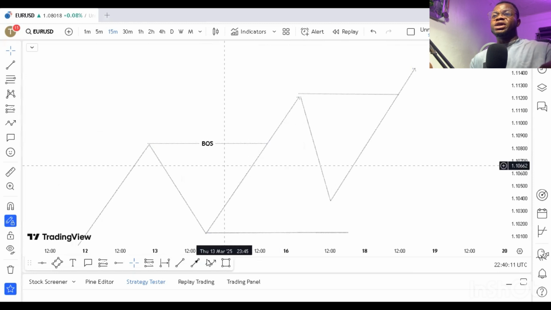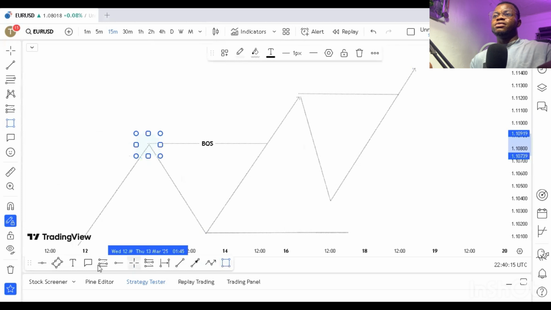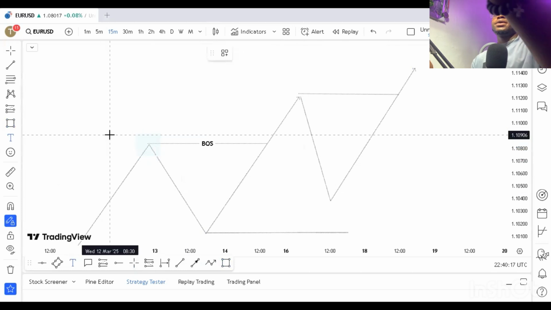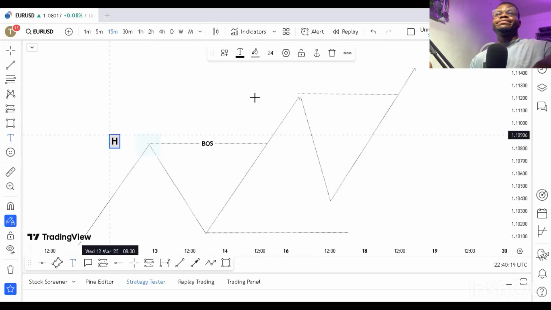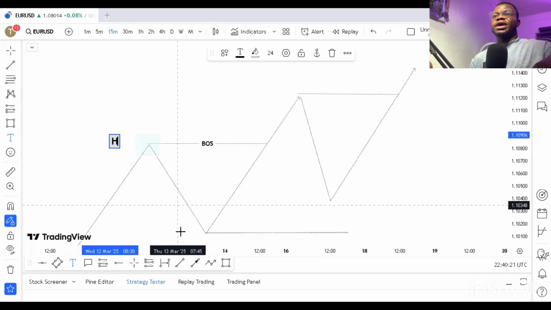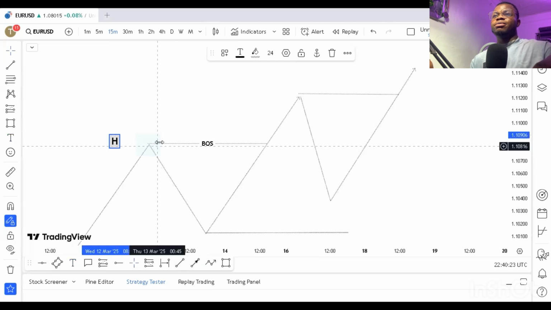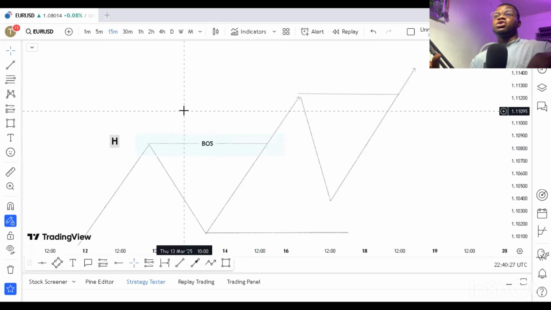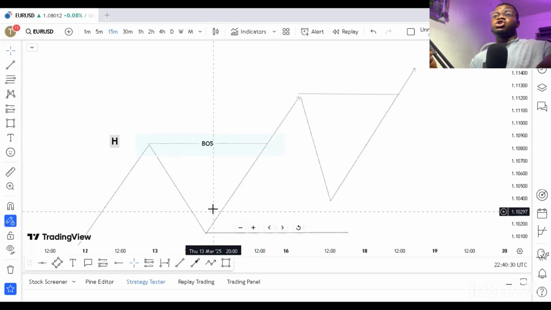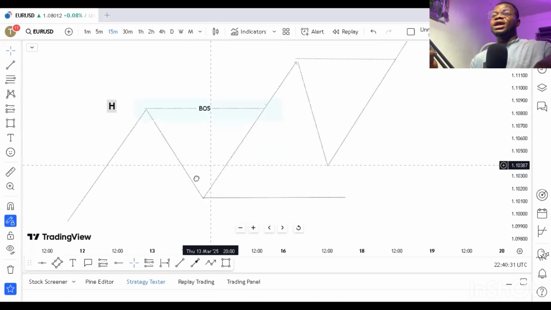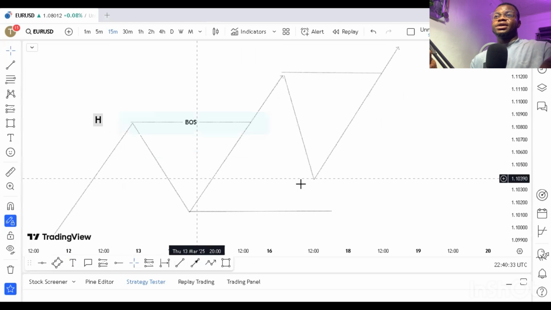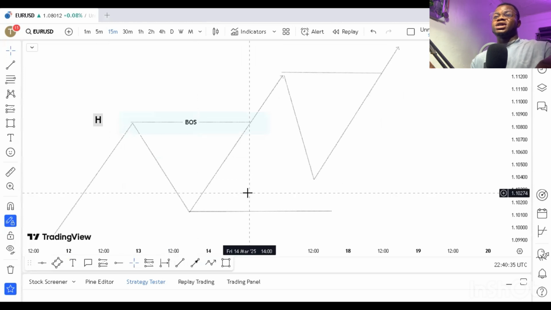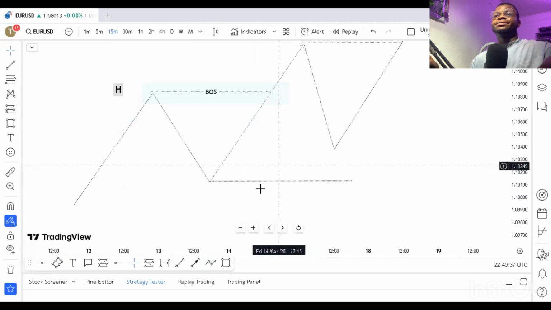Let me write that. These are previous highs, and the exact moment price came and broke above them is known as your break of structure. So the more break of structure you see, the more valid the structure is. Without wasting much of our time, let us see what I'm talking about.